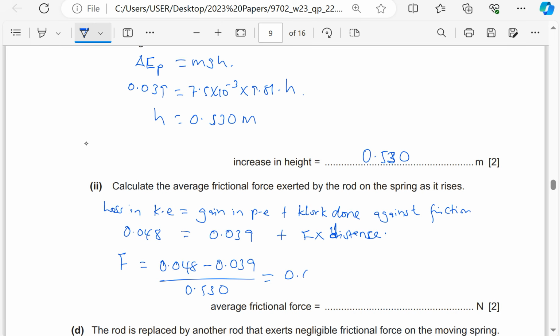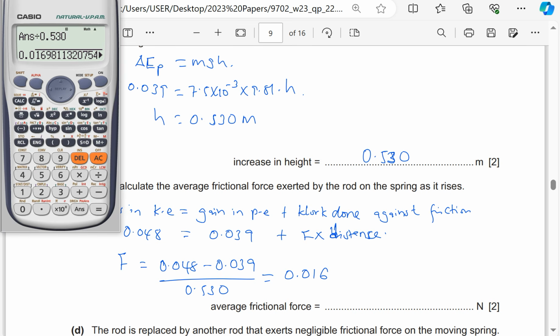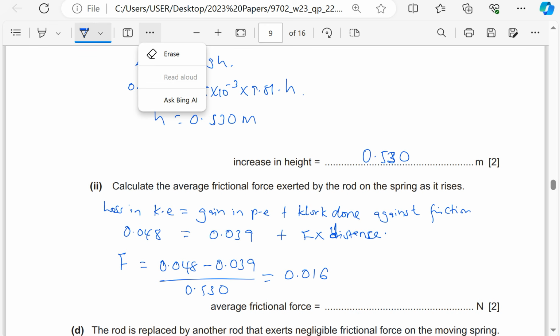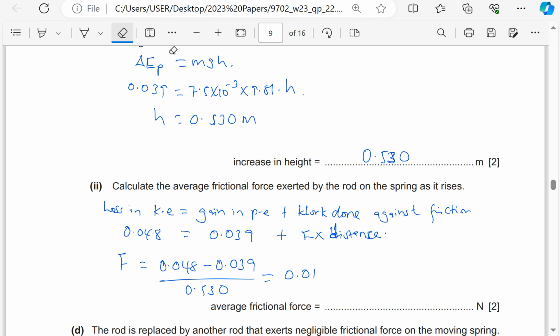So this is 0.016. Now write 0.017. That is to two significant figures.